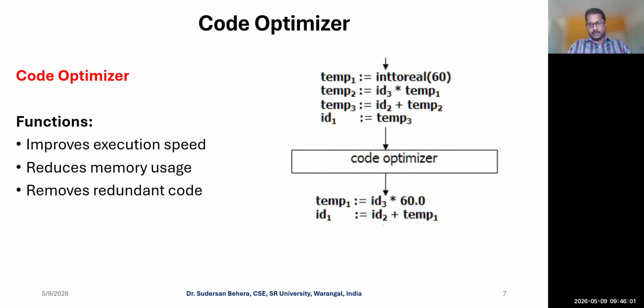Now the code optimizer. In code optimizers, as we discussed, it improves the speed of program execution, reduces memory usage, and removes redundant code. If you mistakenly declare one variable two times, that is called a duplicate declaration, a redundant declaration. Everything is logically correct. For the lexical analyzer, there will be no problem if the variable is declared two or three times.